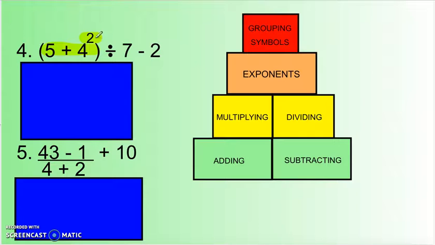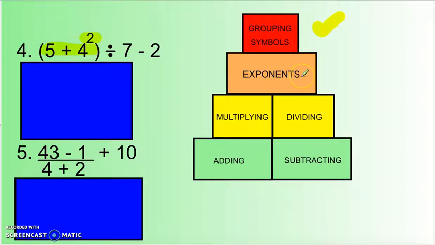And so we need to do that entire math sentence basically like it's off on its own. We have to do the entire pyramid for this one math sentence. So we start all over again and ask ourselves, are there any other grouping symbols in here that I've highlighted? No, there are not. So we're done with that.